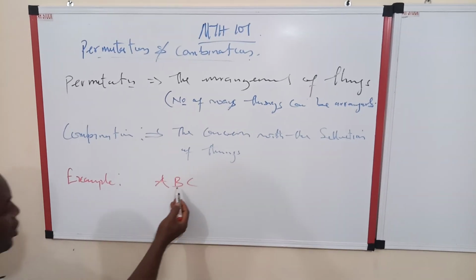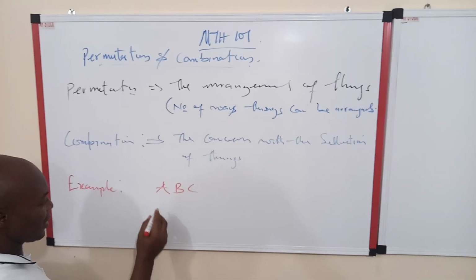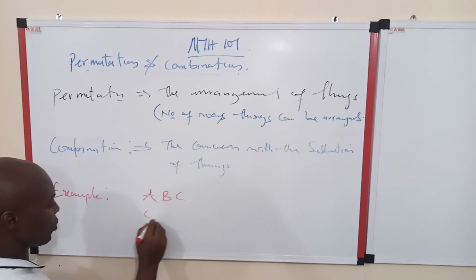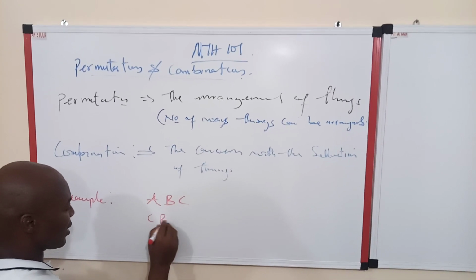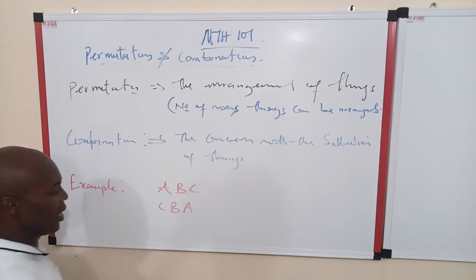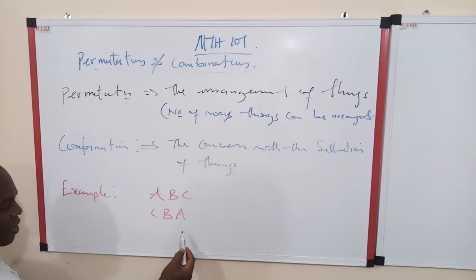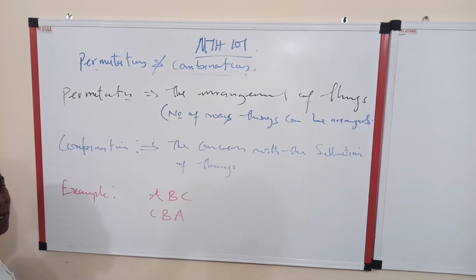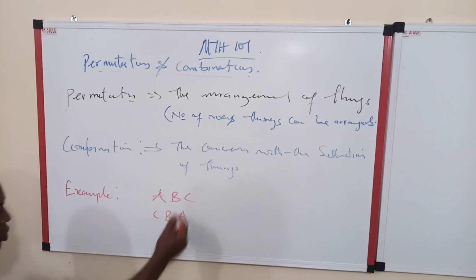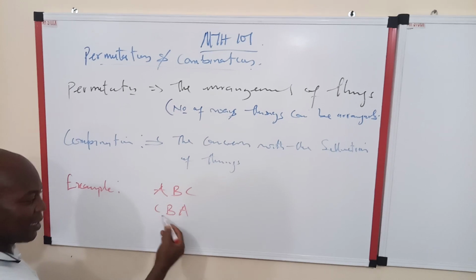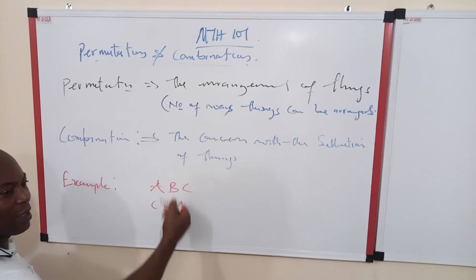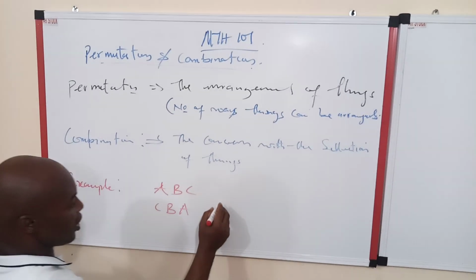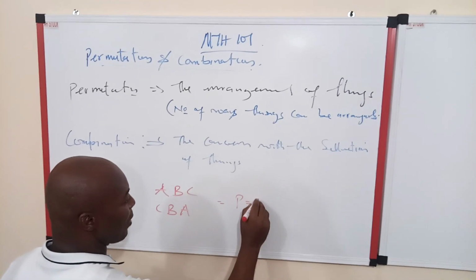If we want to arrange these, the letters A, B, C can also be written as A, C, B. In terms of arrangement, these are two different arrangements. Yes, the items are the same, but they are two different arrangements. So here we have two permutations.